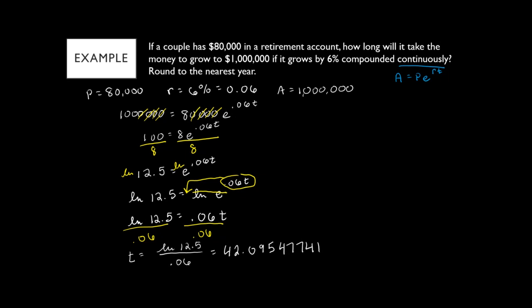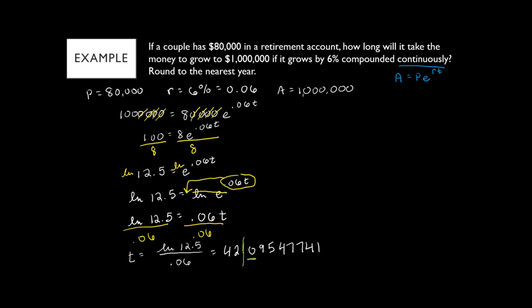So yeah, I divided both sides by 0.06, and so we get this long decimal, and I always write down all of my decimals. We have 42.095477741. So it's telling us to round to the nearest year, which would be the nearest whole number. I always draw a line where I want to round, and then I look at the digit after that line.